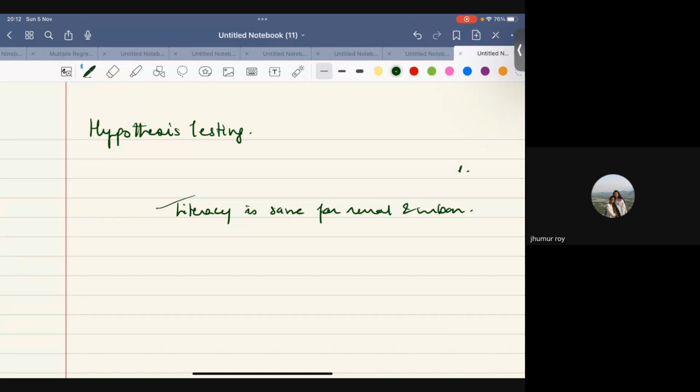So whenever we are making a hypothesis, there are two hypotheses. You will be having the null hypothesis and the alternative hypothesis. So whenever we talk about the null hypothesis, it is written as H0. Okay.